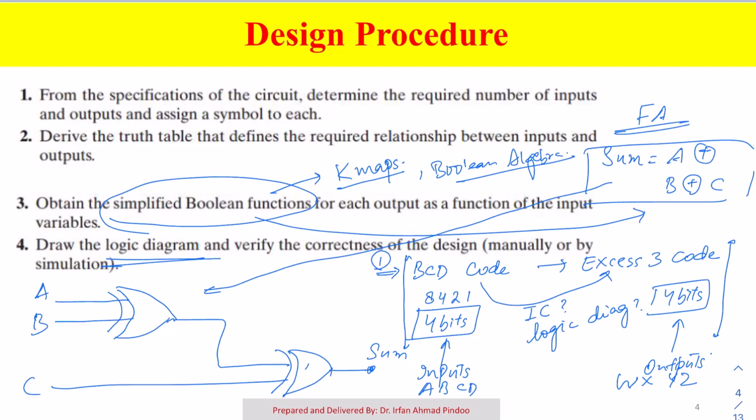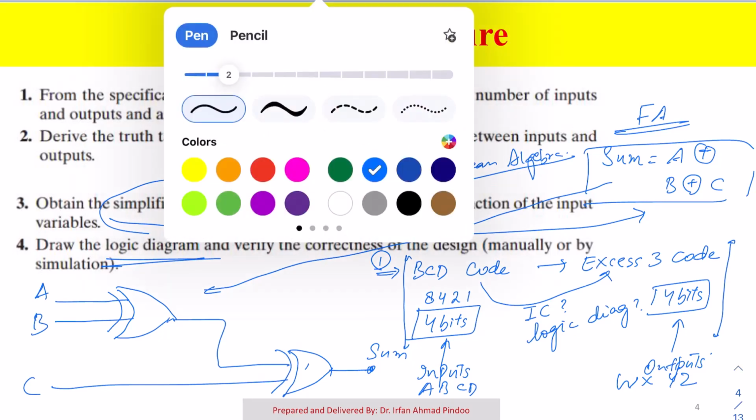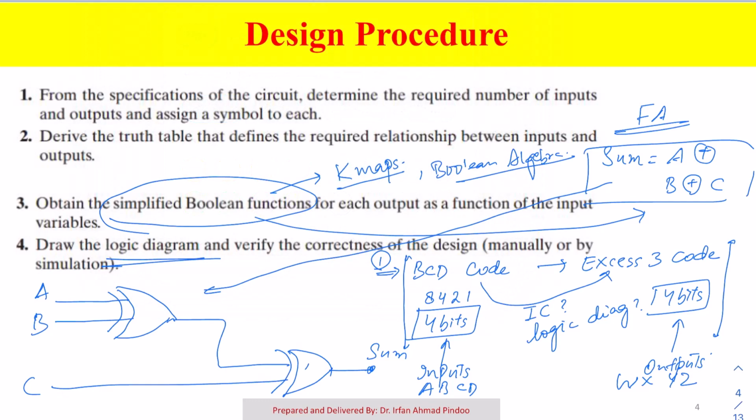Just to summarize before we wind up, what are the four important steps to design any kind of combinational circuit, any kind of problem that is assigned? Your first step should be to determine how many inputs and outputs are required, then assign names to them. Second, depending upon what relationship exists between the input and the output, you should make a truth table.